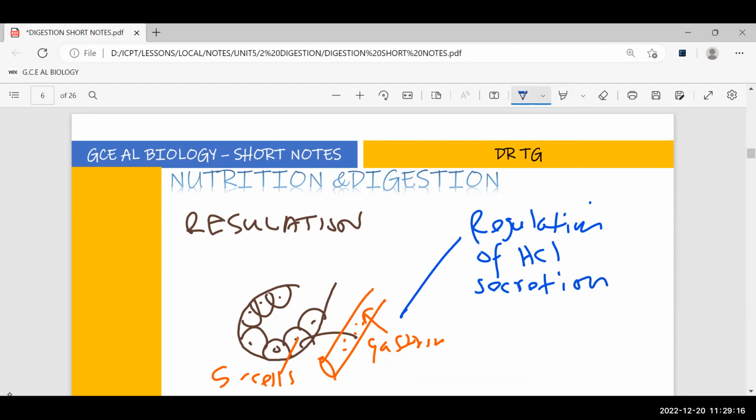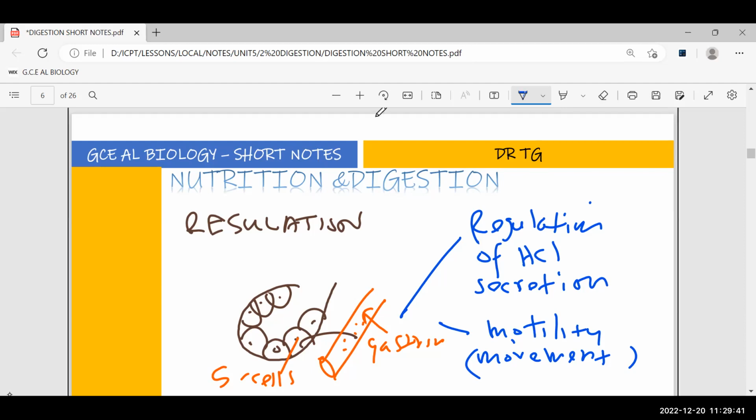So hydrochloric acid secretion is one thing, and the other one is the movement of the stomach. So that's the regulation of the stomach, the role of gastrin.